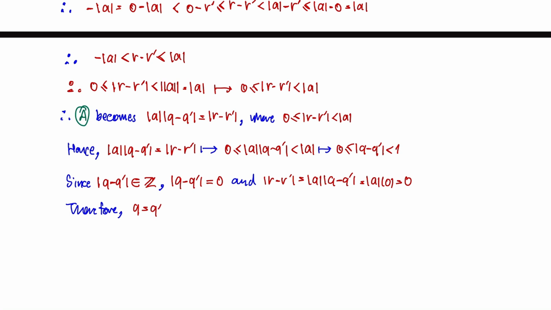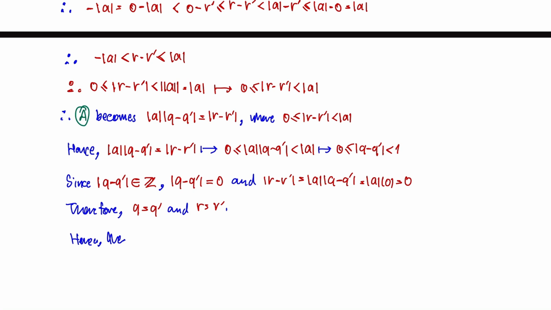Q equal to Q prime, because Q minus Q prime is 0, and R minus R prime is now 0, so we have R equal to R prime. So we've just shown the uniqueness of Q and R. So we have proved this theorem.